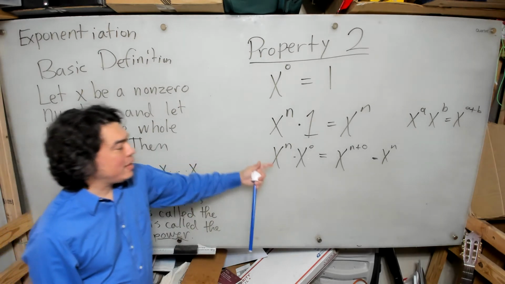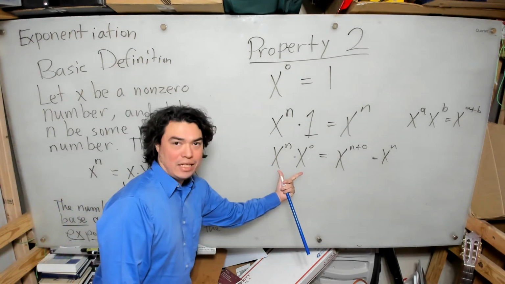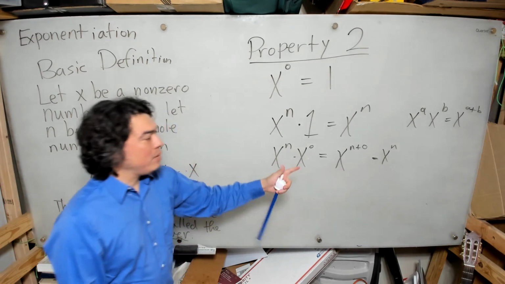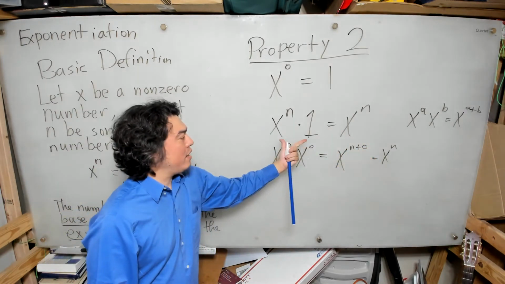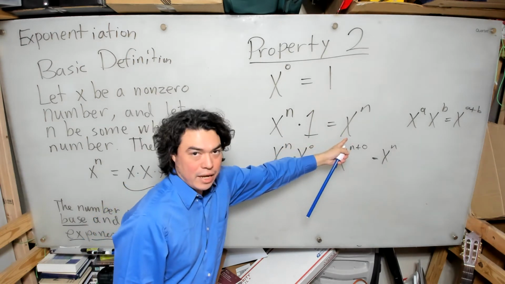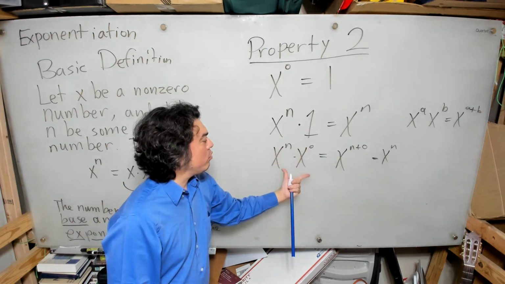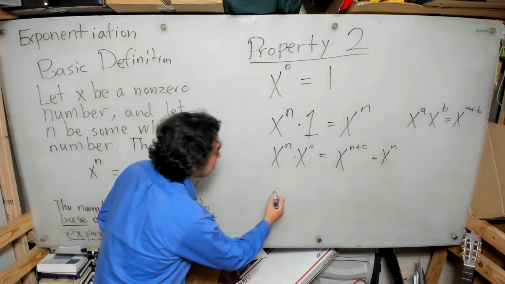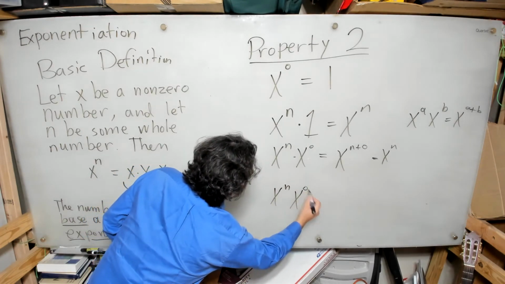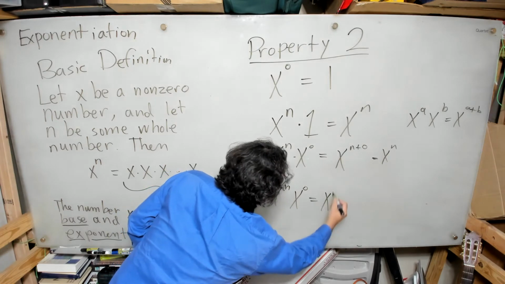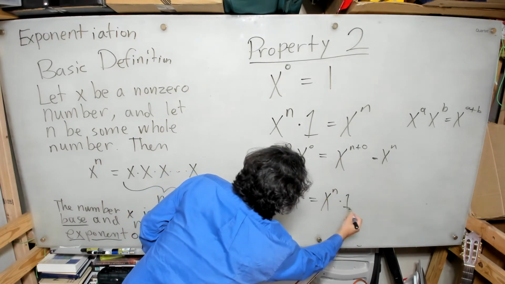So now, check this out. That means that this left-hand side being equal to x to the n, and this left-hand side being equal to x to the n, this must be equal to this. So that's x to the n times x to the 0 is equal to x to the n times 1, okay?